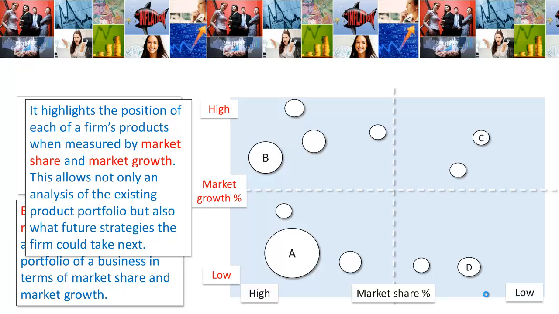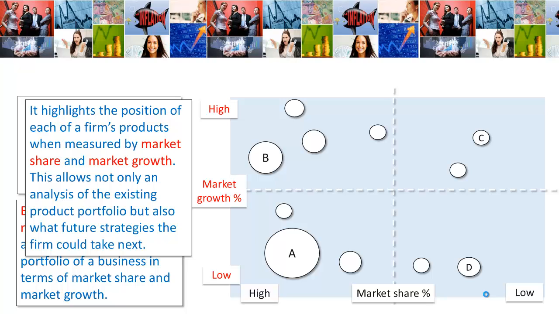The bottom left-hand corner, high market share, low market growth. Top right-hand corner, high market growth, but low market share. And where nobody wants their products to be, the bottom right hand corner, where the market share is low and there's limited growth in the market, low market growth.